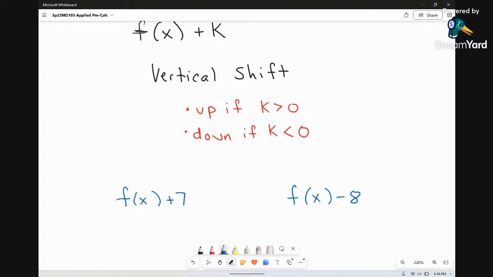This notation means we're not doing anything inside first. It's outside the parentheses. So this plus 7 will shift the graph up 7 units. All the graph, all the points.